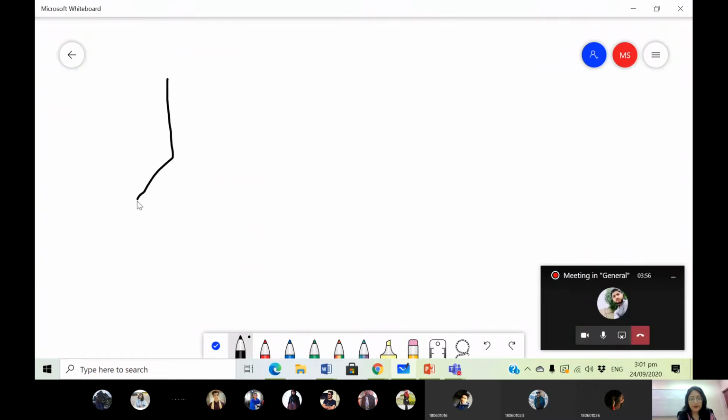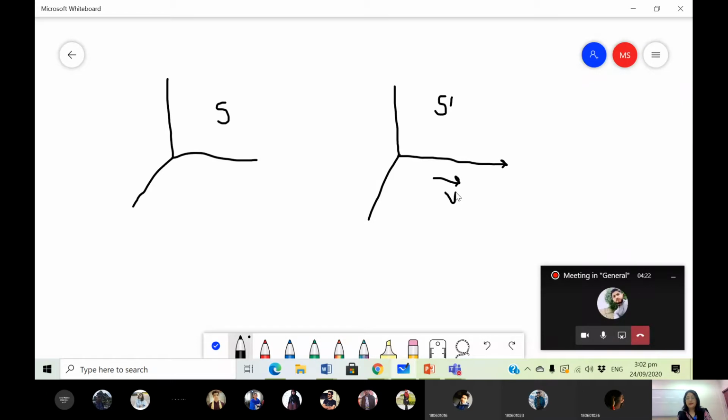We have two reference frames. This is our S frame and this is our S dash frame. But basically, what I'm saying here is that if this reference frame S dash is moving in this direction with the velocity v towards the right, in the x dash direction, and if we have a point over here and a point over here, what will be the relation between the coordinates?